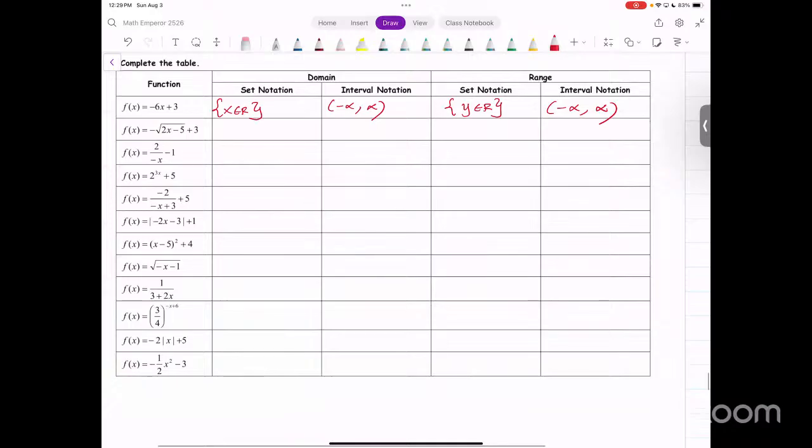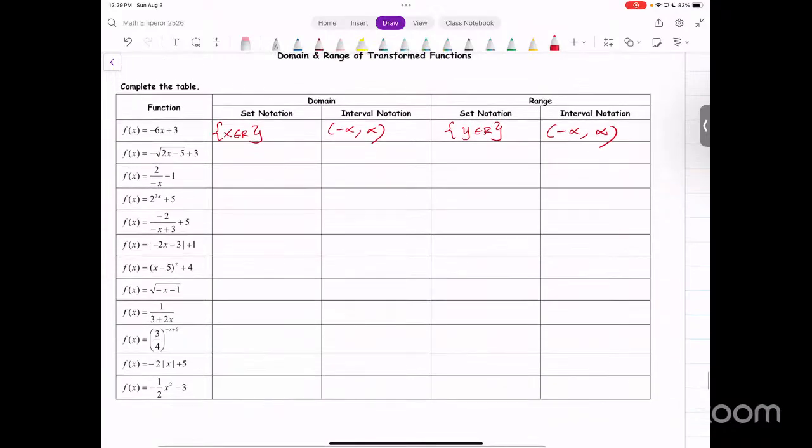All right, now we come to the fancy functions. Can you guys do the second one, please? Set notation. This is a complete review of all the stuff that you have learned in grade 11.